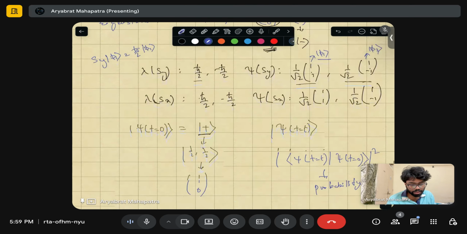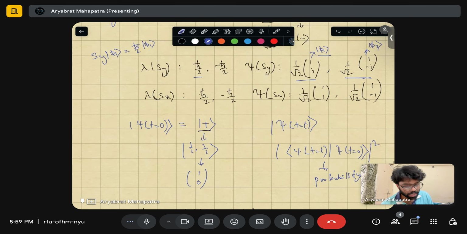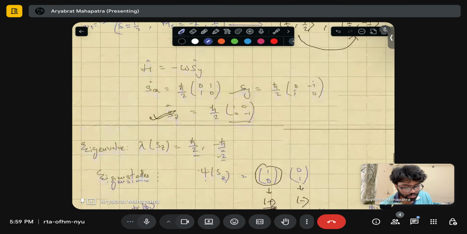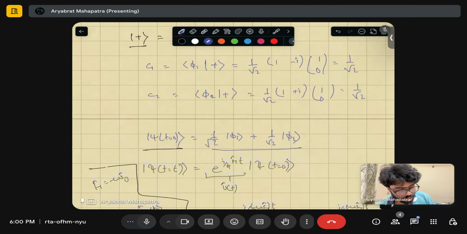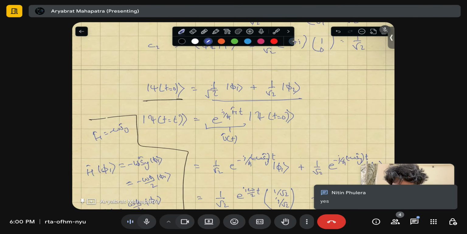But this kind of problem should be very useful to understand many things ahead. Is there any particular doubt related to this question, or do you have any question, Nitin?